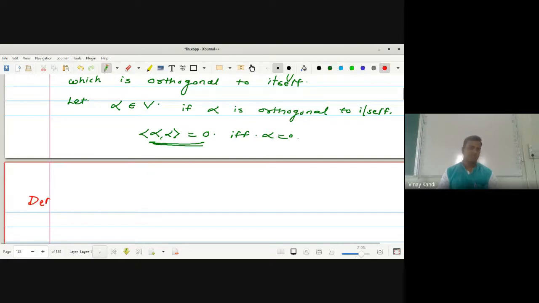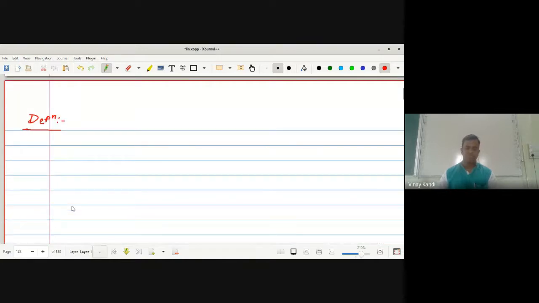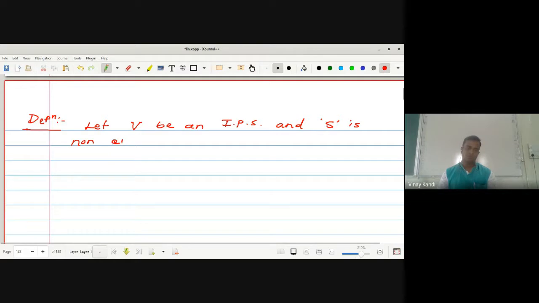Definition. Okay, what is the definition? Let V be an inner product space and let capital S be a non-empty subset.